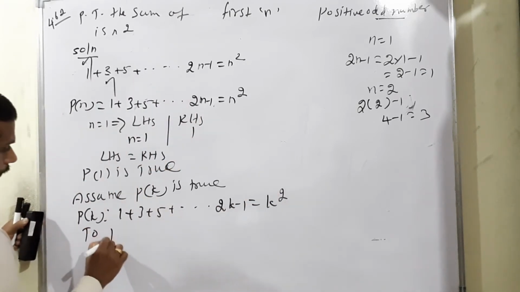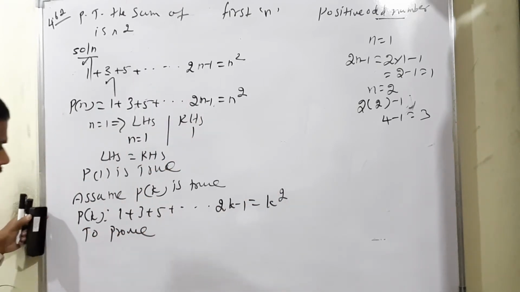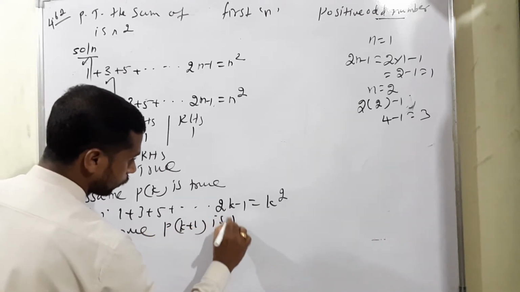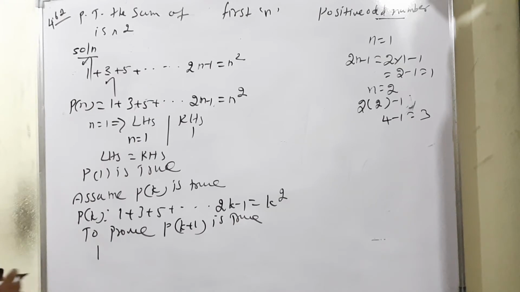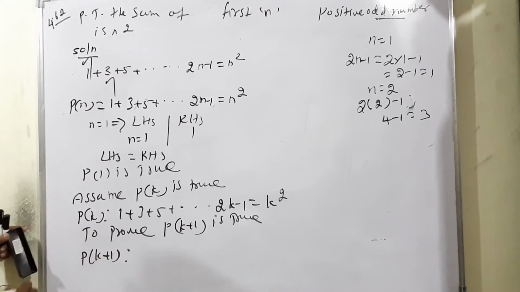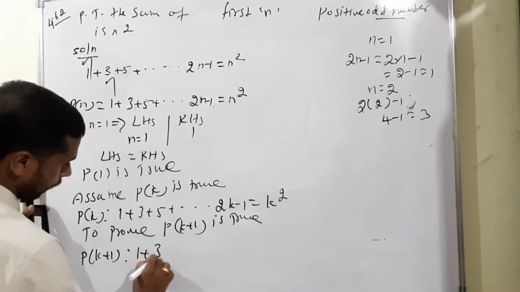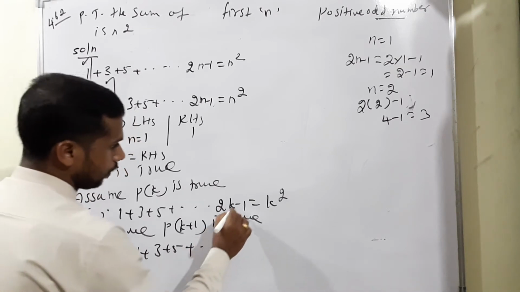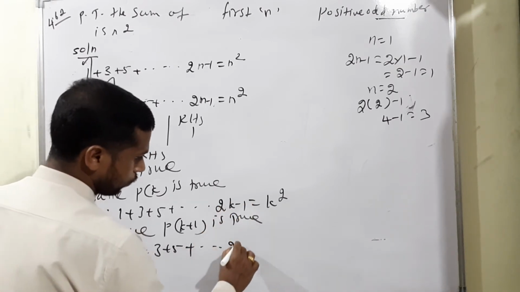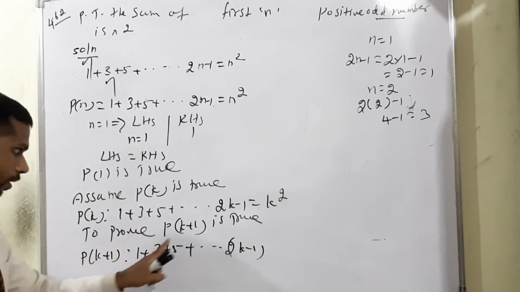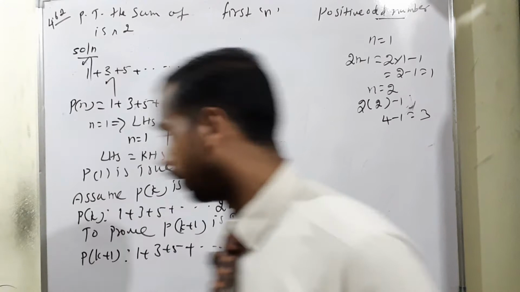Then to prove P of k plus 1 is true, instead of k we write P of k plus 1. So, 1 plus 3 plus 5 plus dot dot dot, first same steps up to 2k minus 1. Again, instead of k we write k plus 1, what will happen?